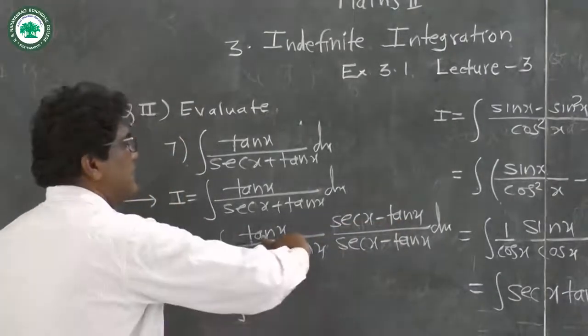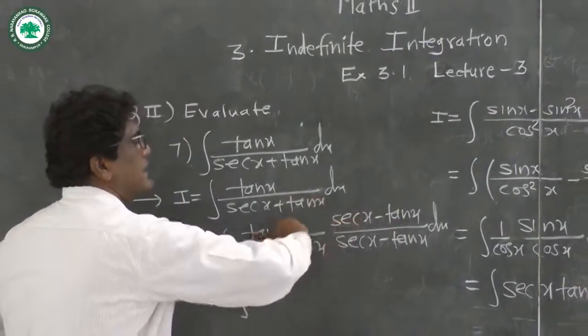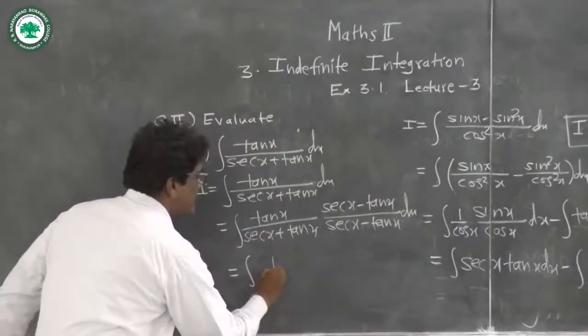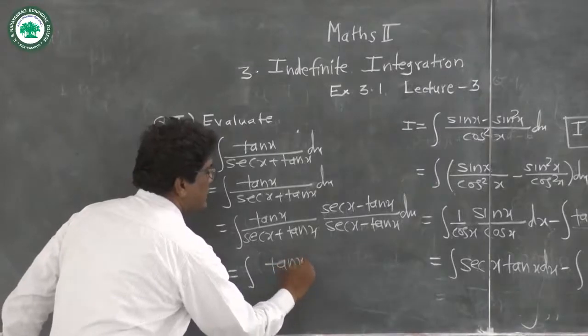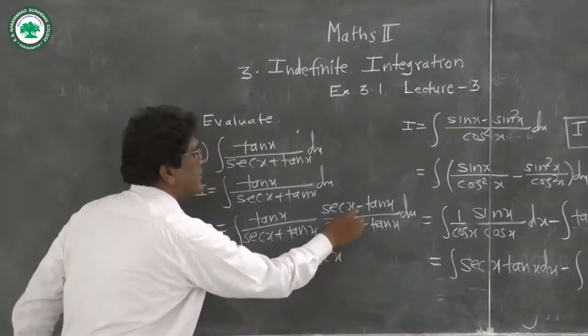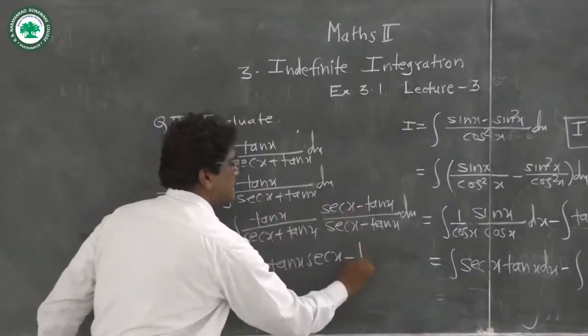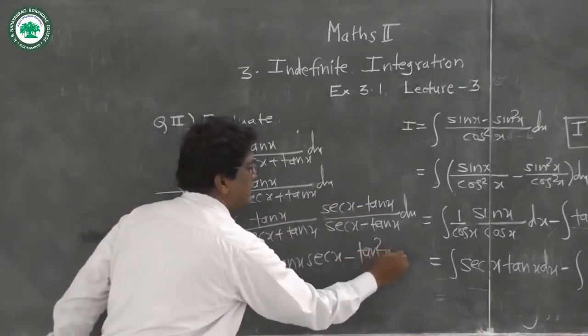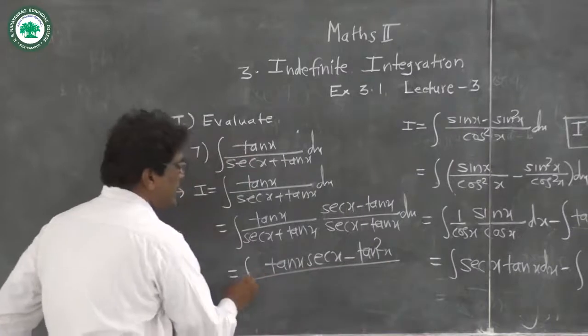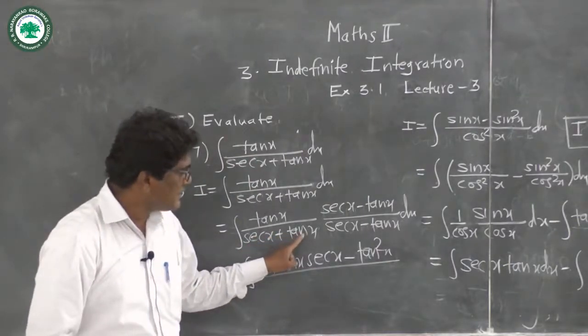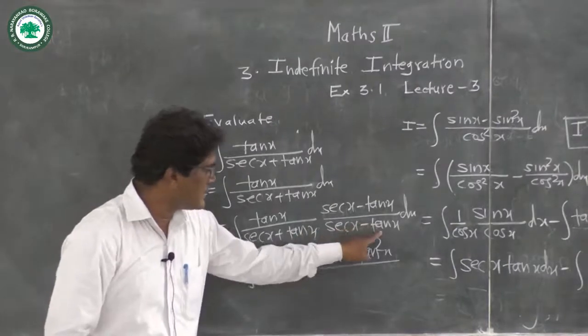So we get integration of tan x into this sec x minus tan x. So we multiply tan x to sec x, tan x to tan x. So tan x into sec x. Now here minus sign, so minus tan x into tan x, that is tan square x, and in the denominator sec x plus tan x and sec x minus tan x.